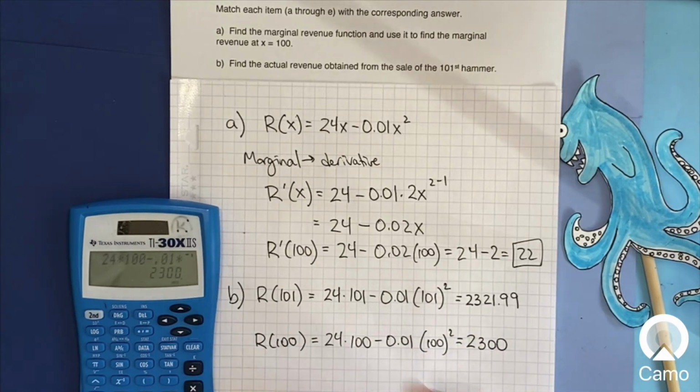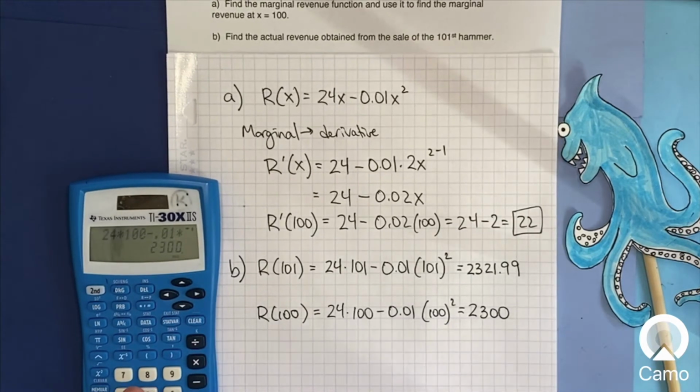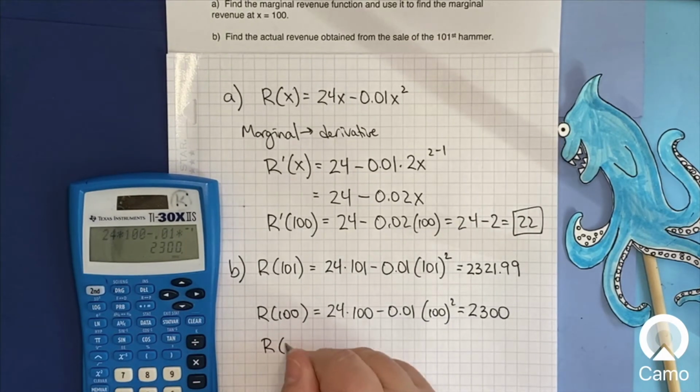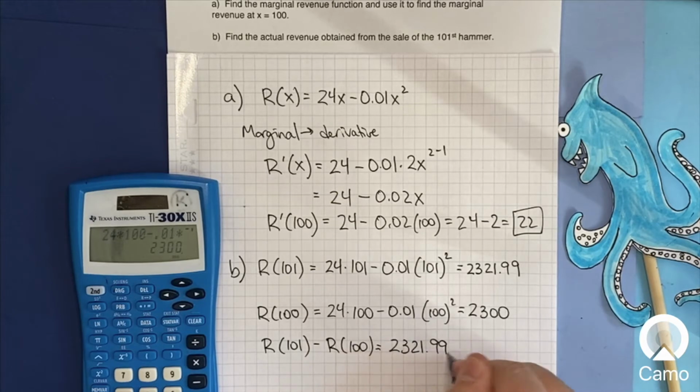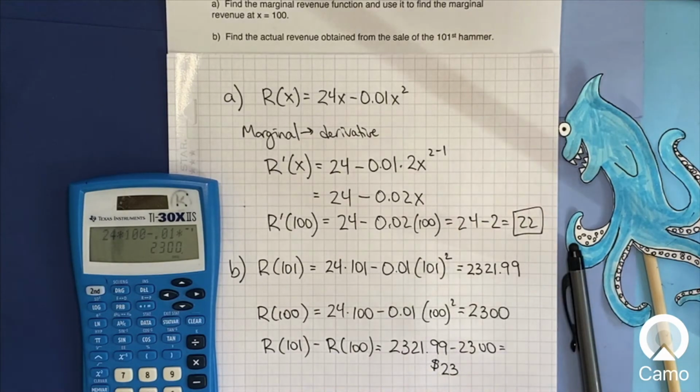And so if I subtract the two, R of 101 minus R of 100 is 2321.99 minus 2300 is equal to 23. Oh, no, it's not.